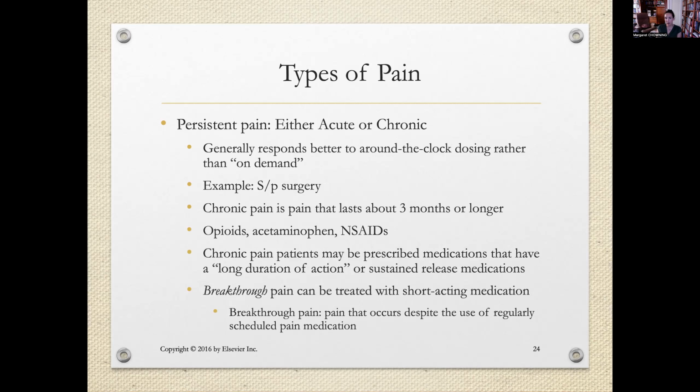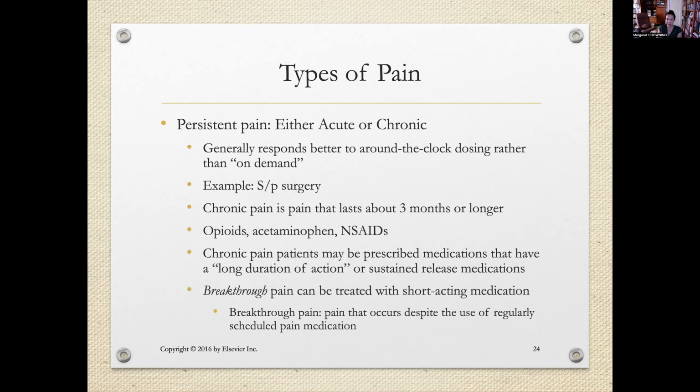That would be more acute, and chronic pain would be more of a persistent pain that lasts 3 months or longer. It responds well to opioids, acetaminophen, NSAIDs. Okay, so chronic pain patients may be prescribed medications that have a long duration of action, or sustained release medications. How long the medication is doing something to your body would be that long duration of action.